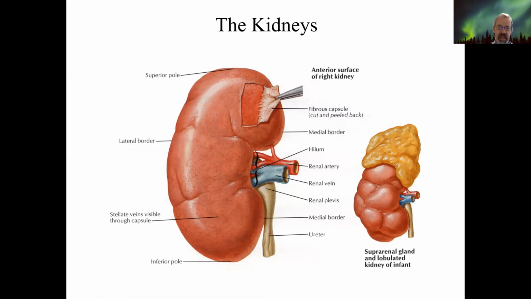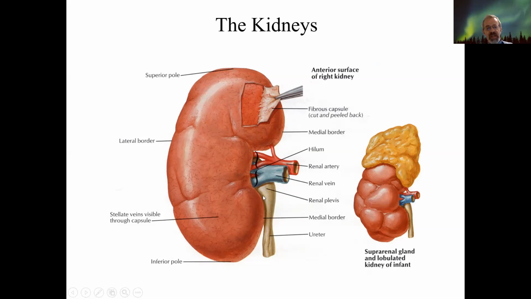This is a gross picture of the kidney. You can see, of course, it's shaped like a bean. A couple of structures you can see from the get-go is that the kidney is covered in a capsule, a connective tissue capsule.